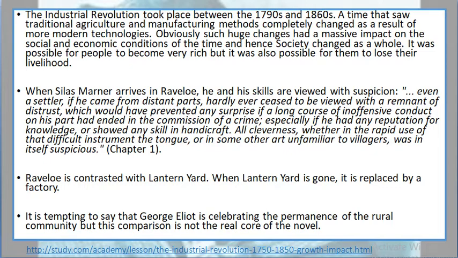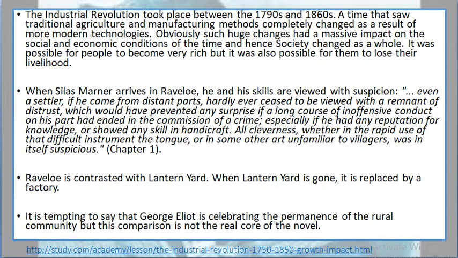Even a settler, if he came from distant parts, hardly ever ceased to be viewed with a remnant of distrust, which would have prevented any surprise if a long course of inoffensive conduct on his part had ended in the commission of a crime, especially if he had any reputation for knowledge showed in his skill in handicraft. All cleverness, whether in the rapid use of the difficult instrument, the tongue, or in some other art unfamiliar to villagers, was in itself suspicious.